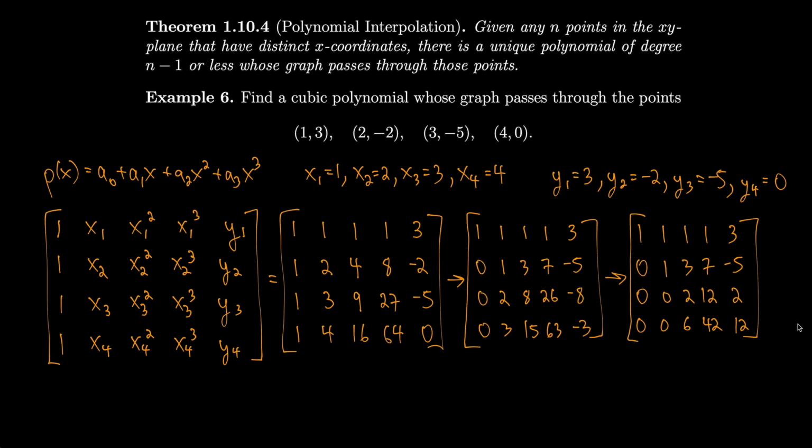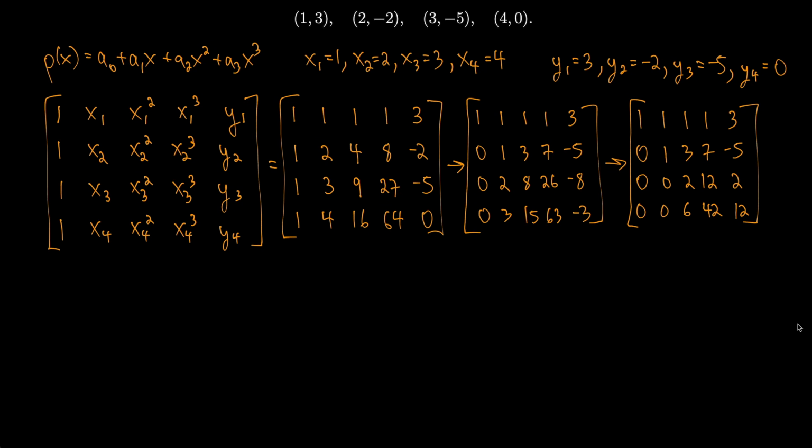Okay, let's continue. Making good progress. I'll keep my top row, 1, 1, 1, 1, 3. I'll keep my second row, already has a leading 1, 0, 1, 3, 7, minus 5. Then my third row I'll divide by 2. I'll get 0, 0, 1, 6, 1. And then for my fourth row, I'll subtract 6 times my third row to get 0, 0, 0, 6, 6.